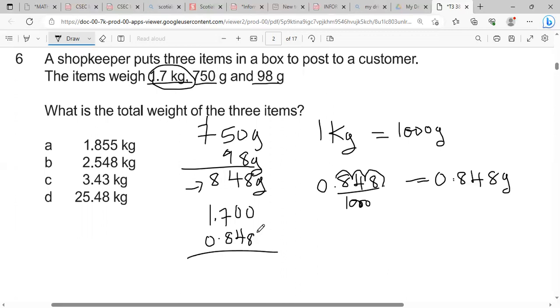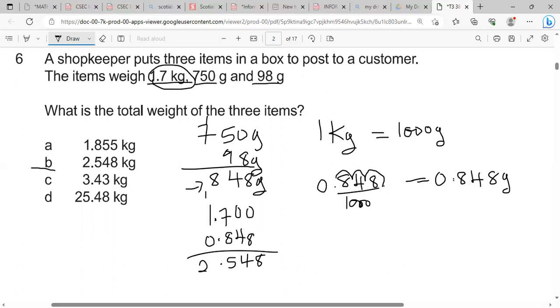And then they add 8 plus 0, which is equal to 8. 4 plus 0, 4. 8 and 5, 8 and 7, 15, 5 carry 1. But remember, the decimal point must be aligned. So you see? And then that becomes 2. So our answer would be 2.548 kilograms.